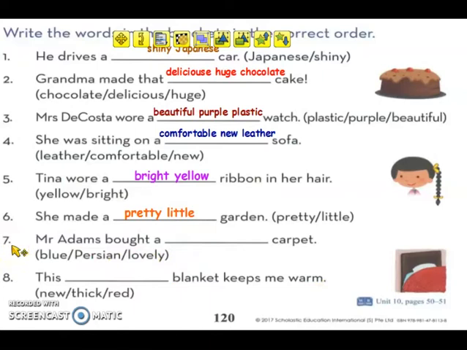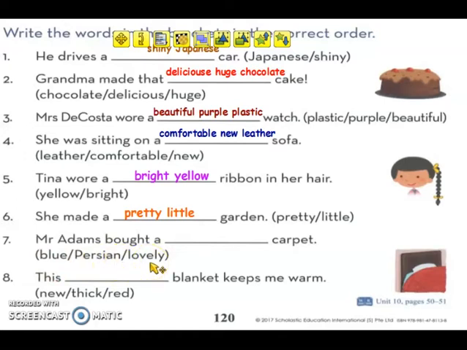Let's go to number 7. Mr. Adams bought a carpet. Carpet is the noun and this is the last word. Here we have different types of adjectives: blue, virgin, lovely. Blue is the color, virgin is the origin, and lovely is the quality.